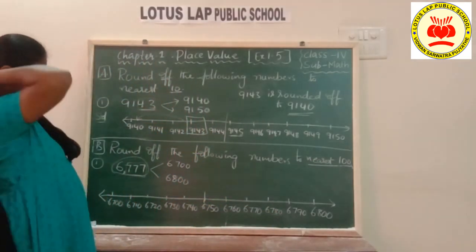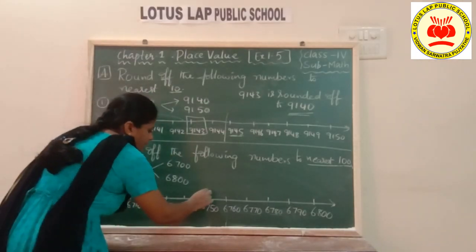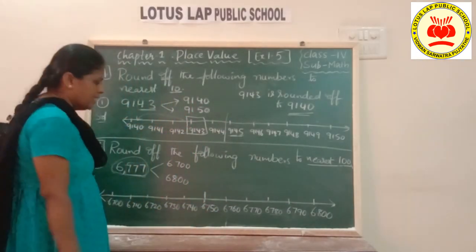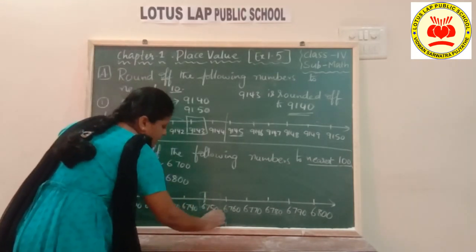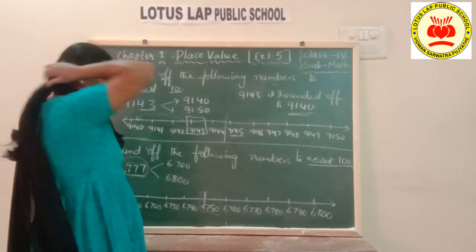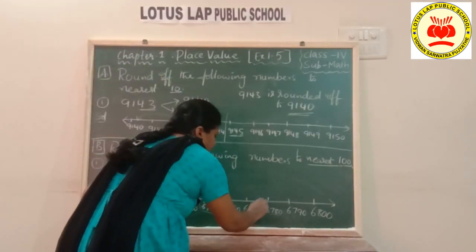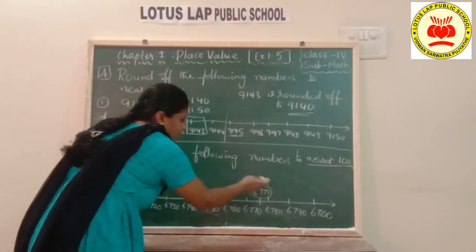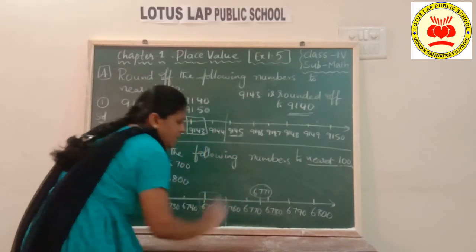Okay, children. It means it is just more than the middle number. The middle number on this number line is this. So this number, 6777, somewhere on this line, is just above this middle number, or greater than the middle number.